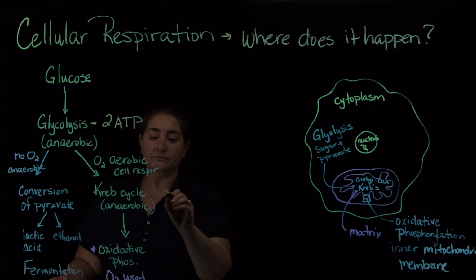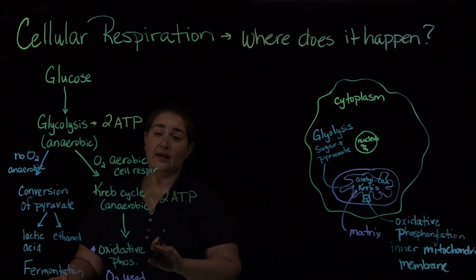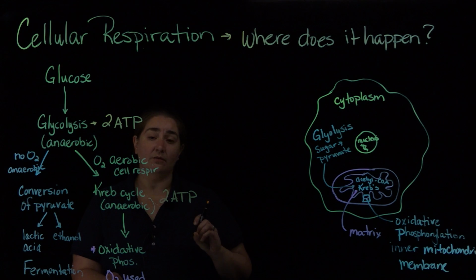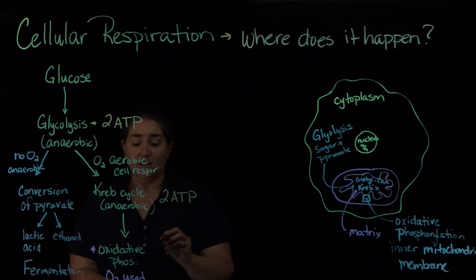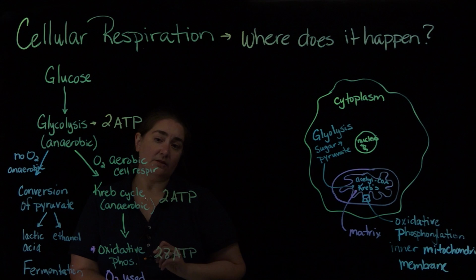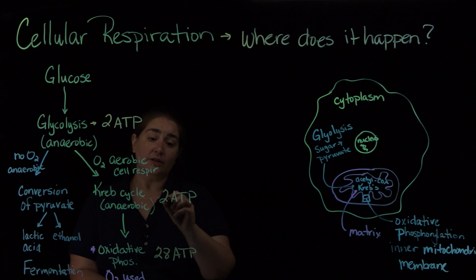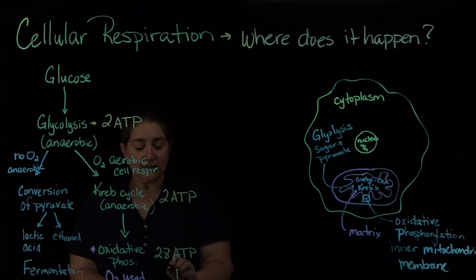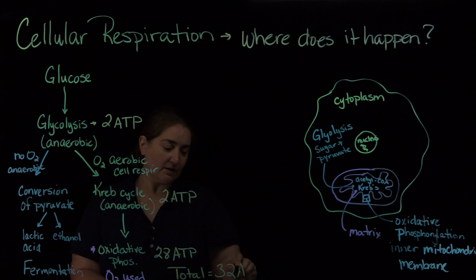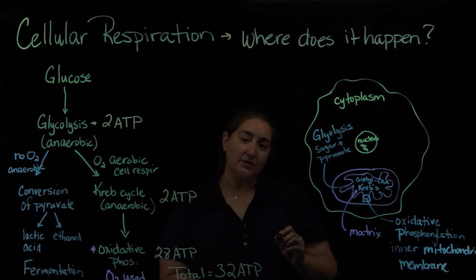With the Krebs cycle, we're going to generate 2 more ATP. And oxidative phosphorylation is where we're going to generate the bulk of our ATP. We're going to generate 28 ATP in oxidative phosphorylation. So 28 plus 2 is 30, 30 plus 2 gives us a total of 32 ATP generated in the process of cellular respiration.